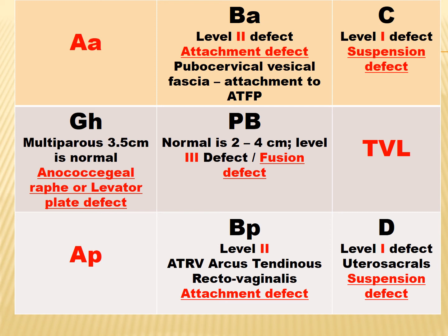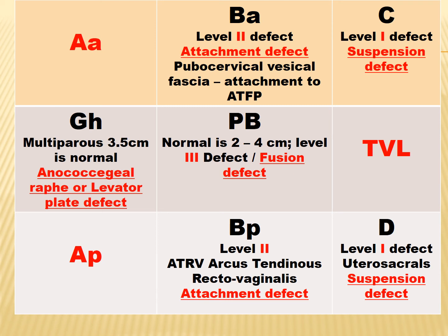What I mean is, if the anterior vaginal wall is in normal position and there is no damage, the point BA value is minus 3. When the anterior vaginal wall is normal, point AA and point BA both are at the measurement of minus 3.